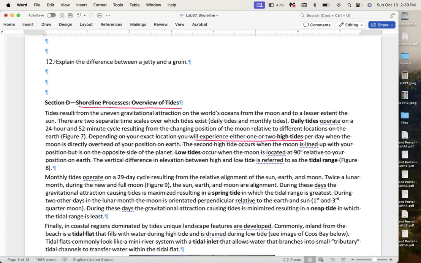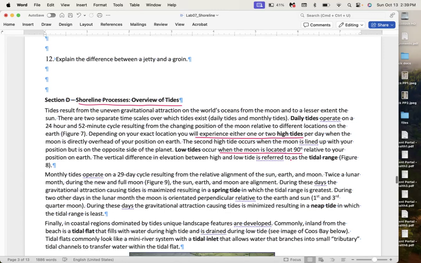So basically, you get a high tide every 12 hours and a low tide every 12 hours, or every 6 hours, but it lasts for 12. So that's how it all works out if the moon was located at perfectly 90 degrees to your position.